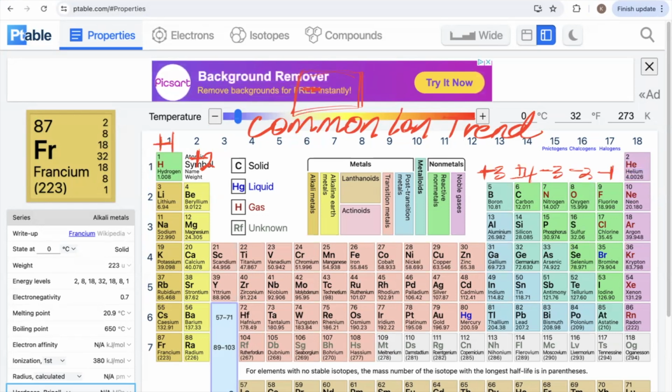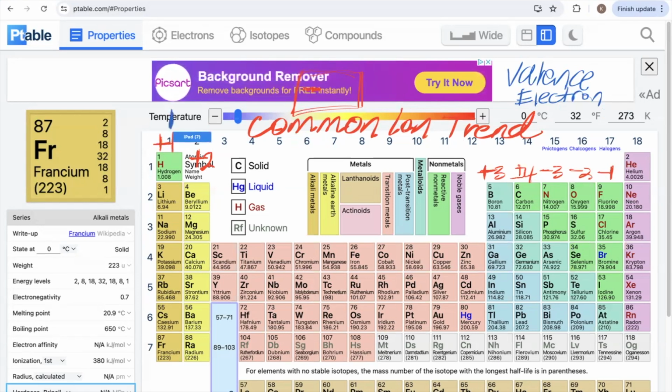Now, why we're actually talking about it: there's a question I didn't include, which asks how many valence electrons are in an element, and it gives you an element. Again, you need a trend for that one. So I'm going to write that trend here in blue, the valence electron trend. It's kind of similar, only it goes 1.